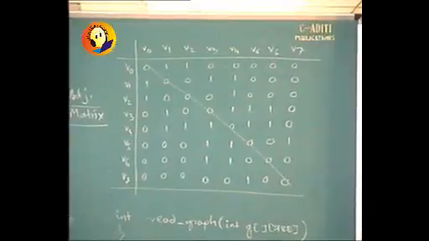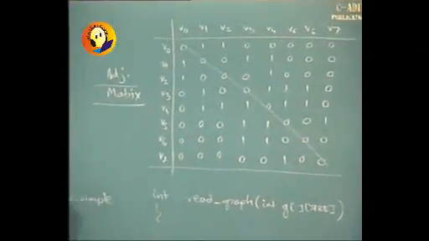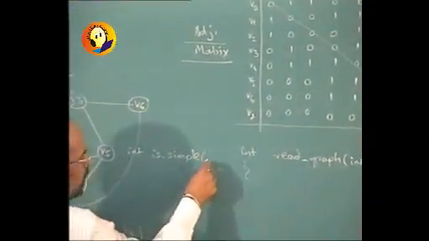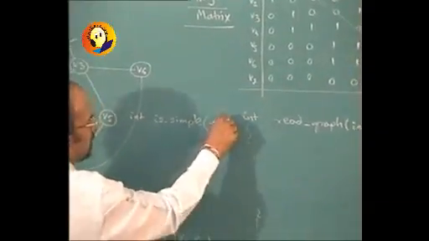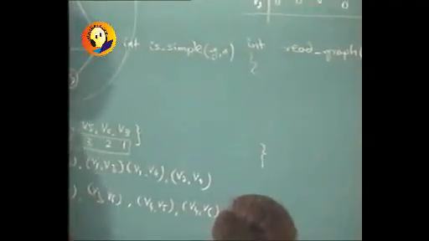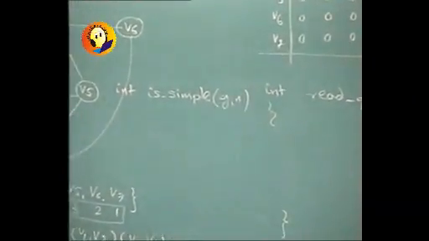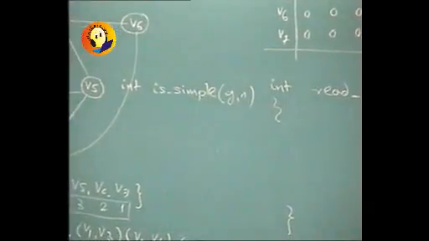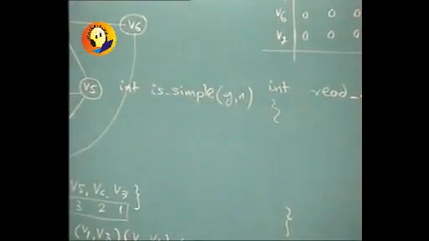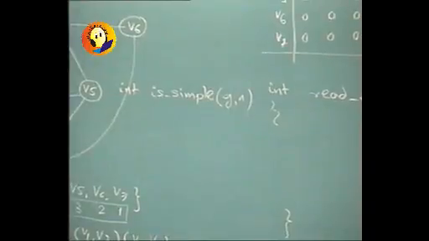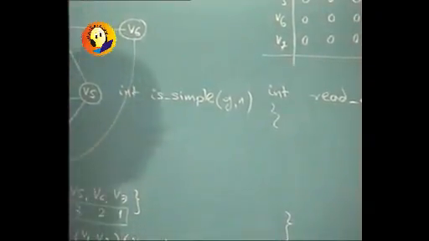This function I want you to write, to which you will pass G and n. I have already said that you will have to check that all the diagonal elements are 0 and all other elements are either 0 or 1. Write.